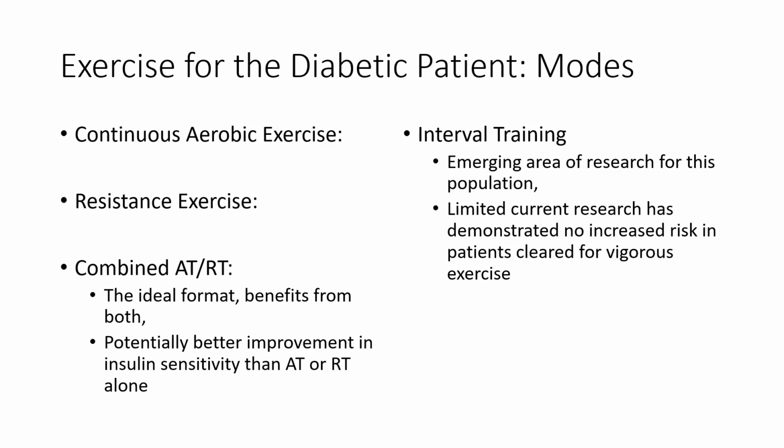Now, interval training is an emerging area for diabetics. One, again, is patient enjoyment. People tend to like this mode a little bit more than continuous aerobic work. However, what we find even more interesting is the high blood flow velocity that occurs with high intensity, because you peak at like 80% of your max, which you don't really get to with moderate.